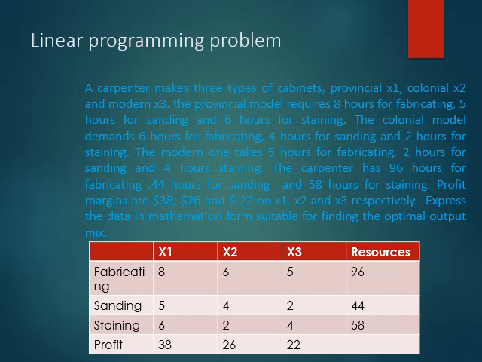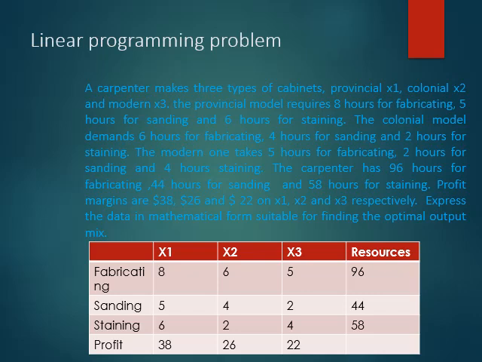The last column from the right-hand side is about the time available for producing, not the time available for each process.